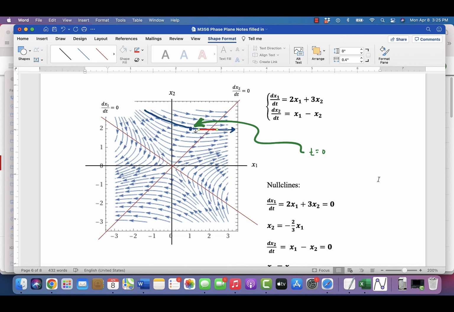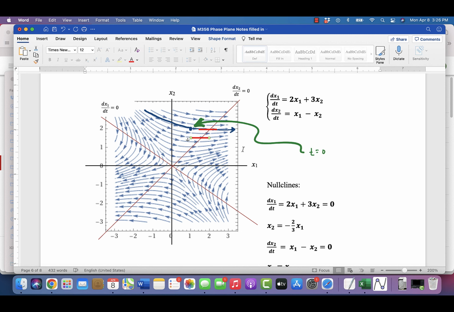We're still going to the right, but our vertical direction is turning around from going down to going up. And this is true of every single curve where it crosses the x2 nullcline. There, and there, and there, and so on.